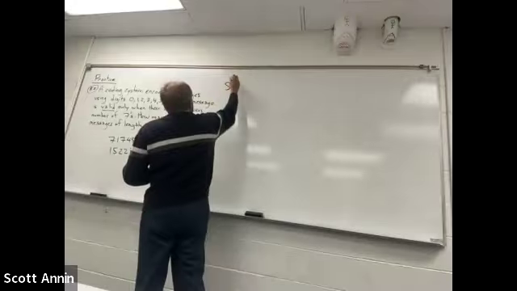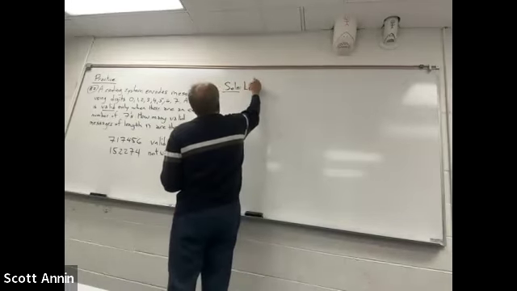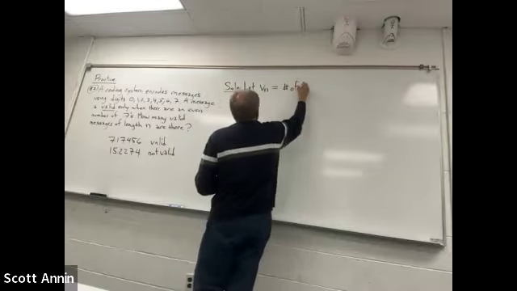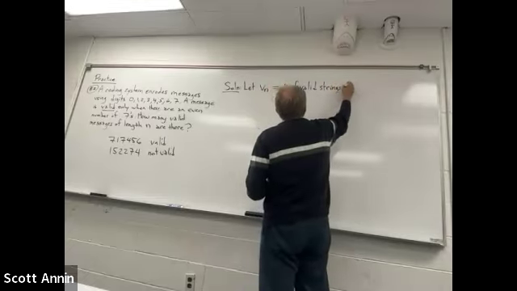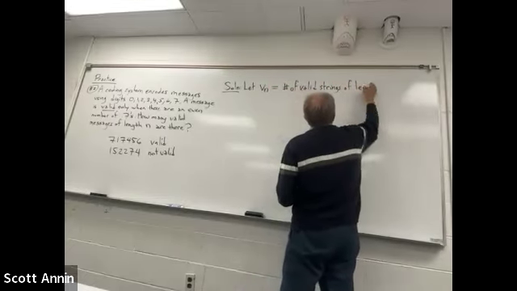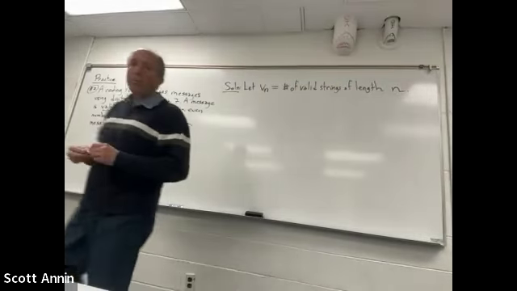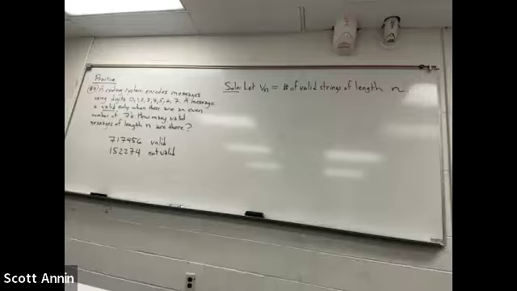So maybe we can do this. Let v sub n equal the number of valid strings of length n. More likely on the exam I would give you the notation for it, but anyway, let's just use that notation.